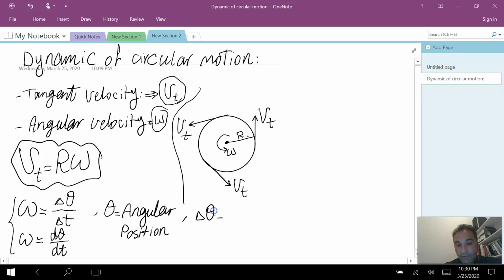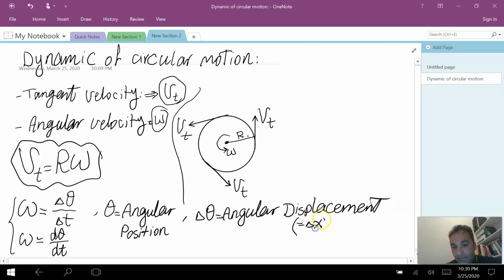Delta theta is called angular displacement, so this is like delta x. Angular position is theta. Angular displacement is delta theta.